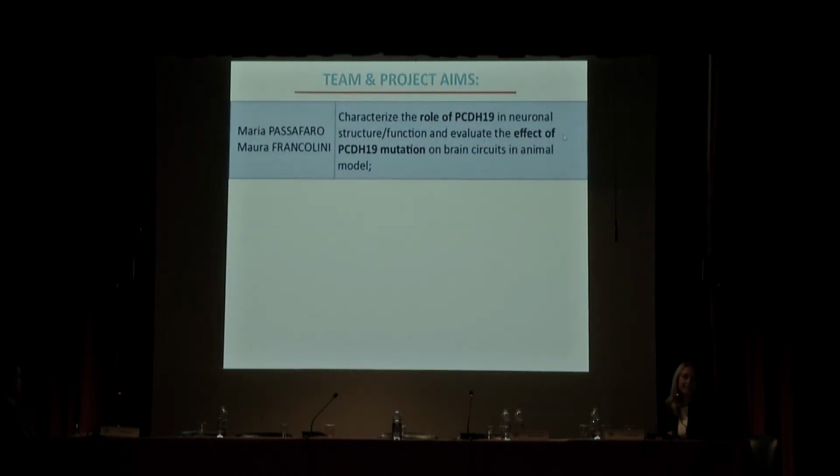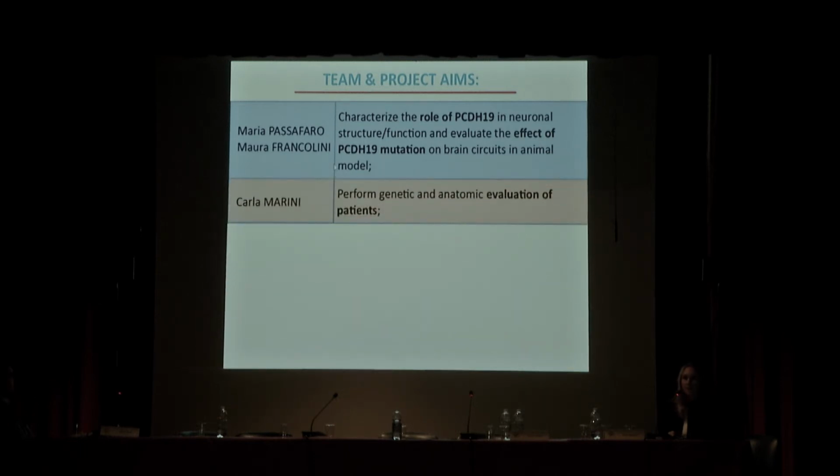The project aims to characterize the synaptic function of PCDH19 and to evaluate whether and how the mosaic expression of PCDH19 affects brain circuits in an animal model. And this task is led by Maria Passafaro and Maura Francolini from CNR and University of Milan, respectively.